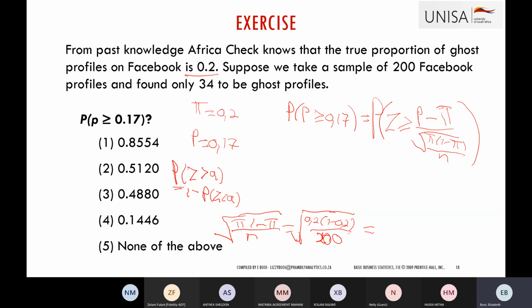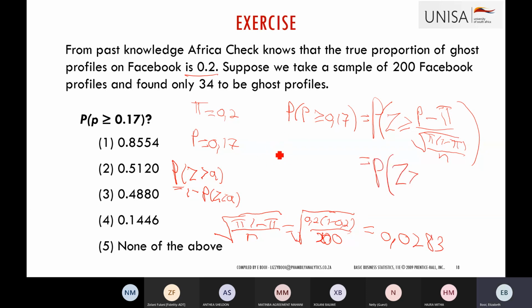Take the square root of the answer and we get 0.0283.